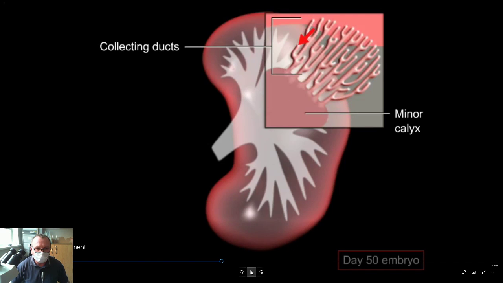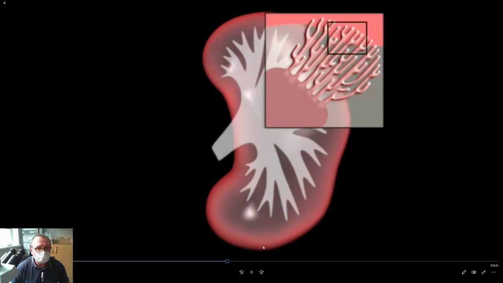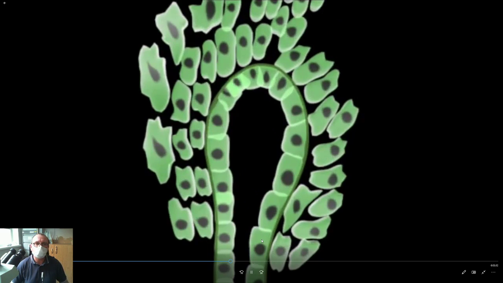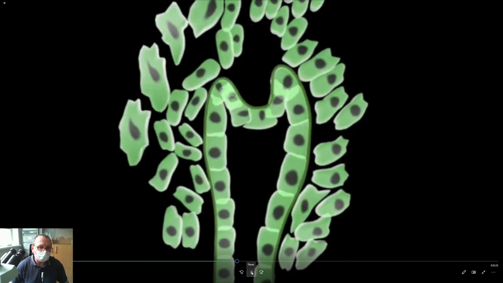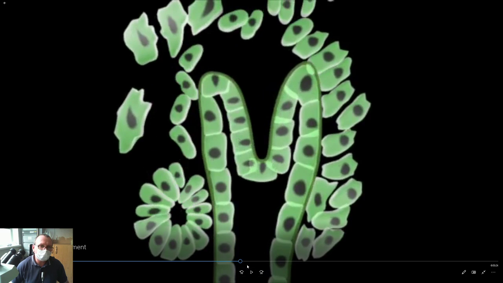So now how does the collecting tubule stimulate the surrounding tissue? We will look at a small part of the metanephric blastema. We can see terminal branches of the ureteric bud, future collecting tubules, and we can see surrounding cells which were originally dispersed mesenchymal, and now they are organizing to form some epithelial structures. At first just small vesicles which are called renal vesicles.